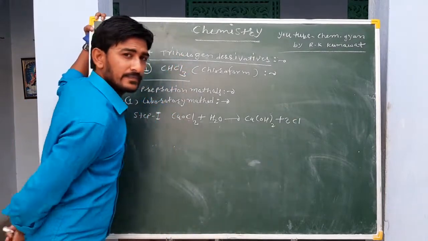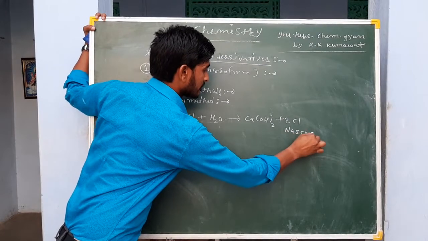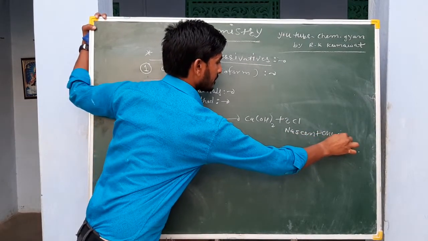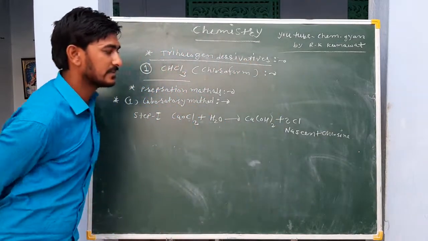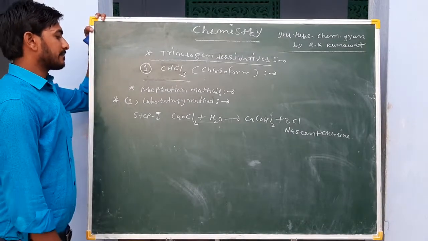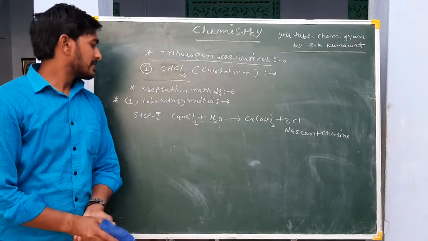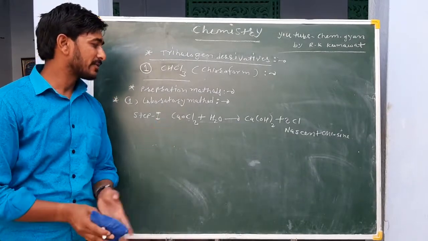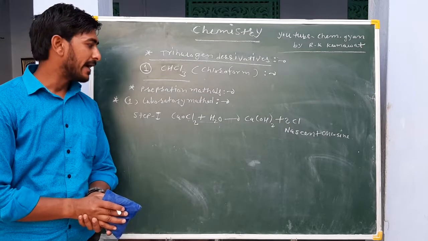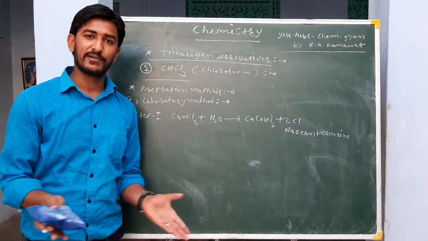The Cl atom is known as nascent chlorine. In the laboratory method, calcium oxychloride, bleaching powder, reacts with a water molecule, and calcium hydroxide and nascent chlorine are formed in the first step.